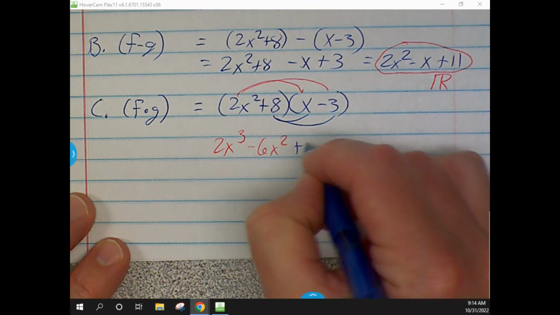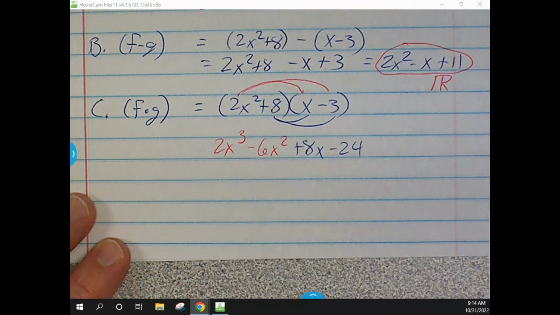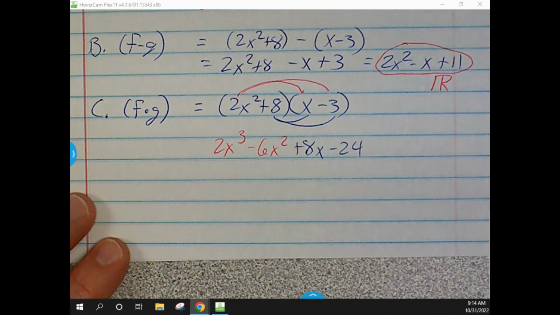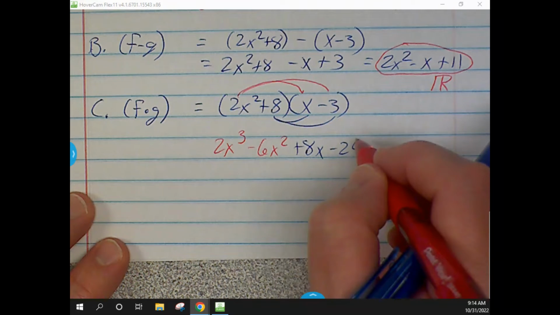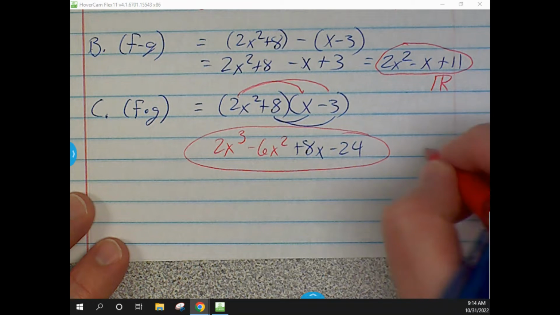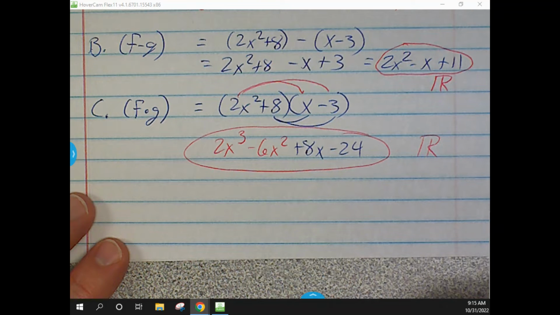On the bottom, 8 times x is 8x. 8 times negative 3 is a negative 24. And the good news on this one was the way our problem was set up, there's no combining like terms here because all these are different terms, different power terms. So in that case, that one is your answer. And again, no fractions, no radicals. So domain in that case would still be all real numbers.